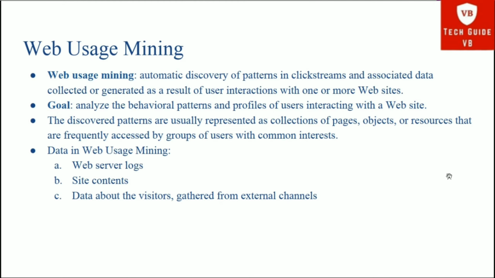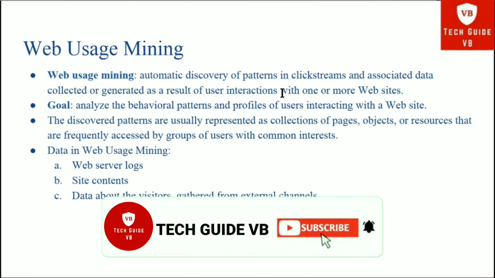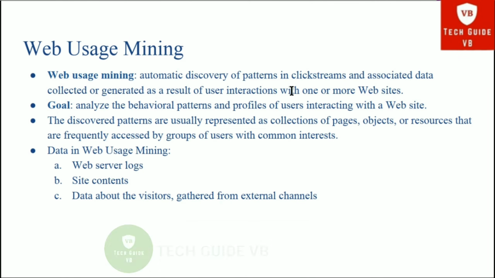Studies related to this work are concerned with two areas: constraint-based data mining algorithms applied in web usage mining, and developed software tools, that is systems. In simple words, web usage mining can be defined as the automatic discovery of patterns in click streams and associated data collected or generated as a result of user interactions with one or more websites.